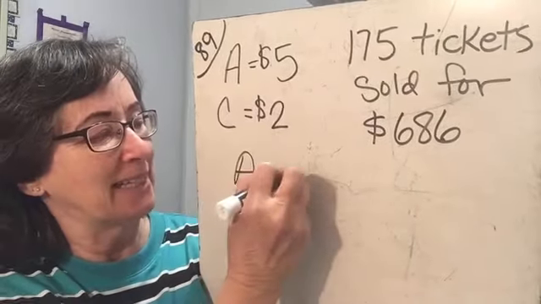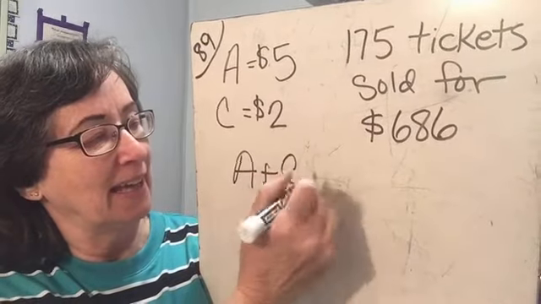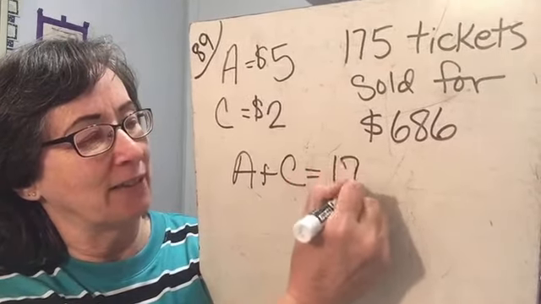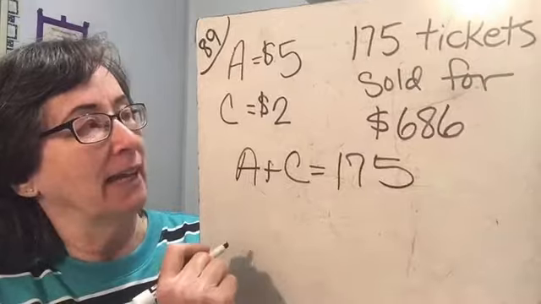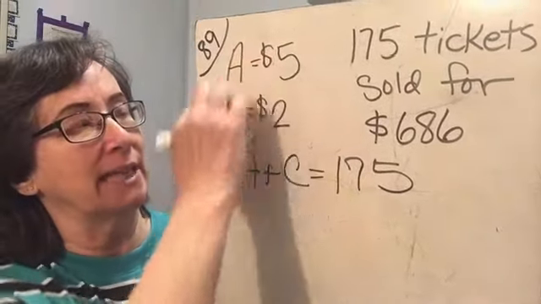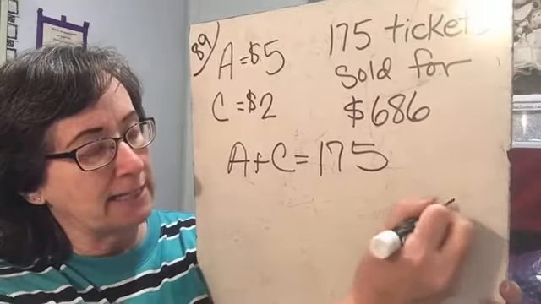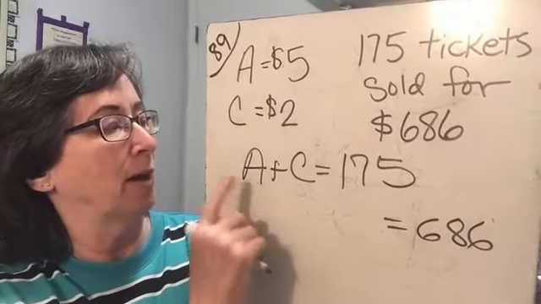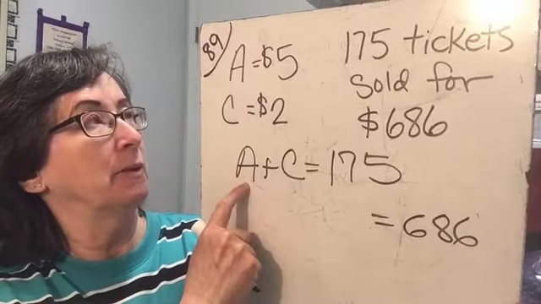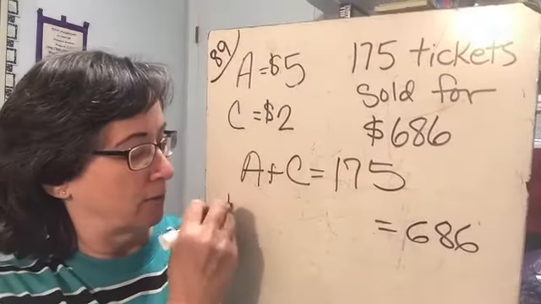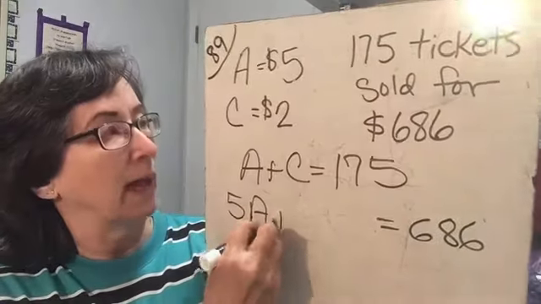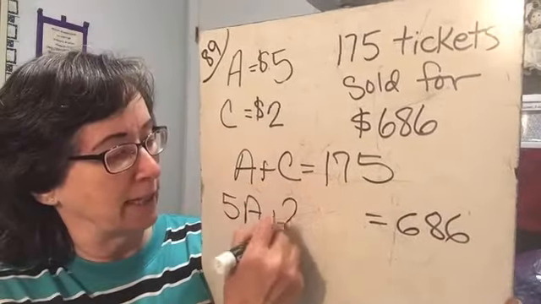A plus C is 175. And then the amount taken in for the tickets was 686. So 686 would be from A, the number of adult tickets times $5 each, and then $2 for each child ticket, so 2C.